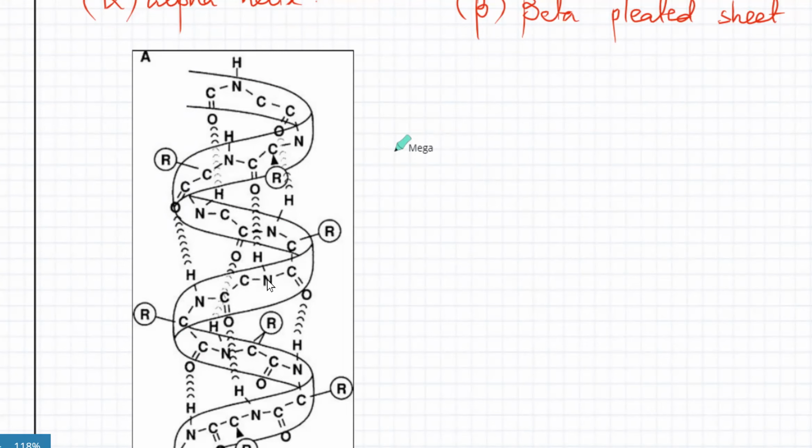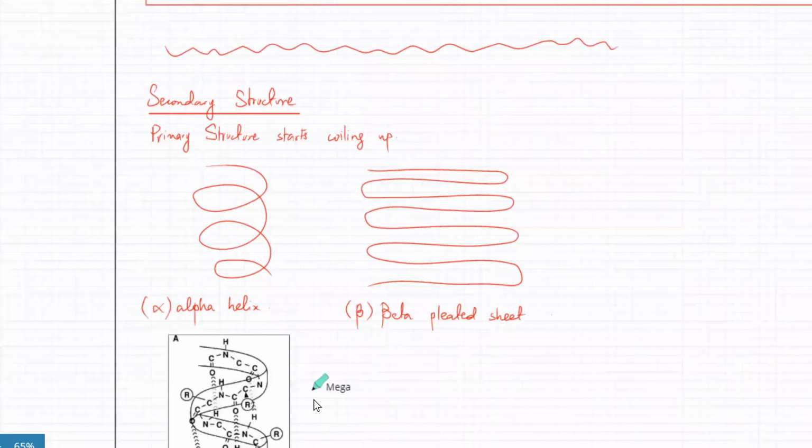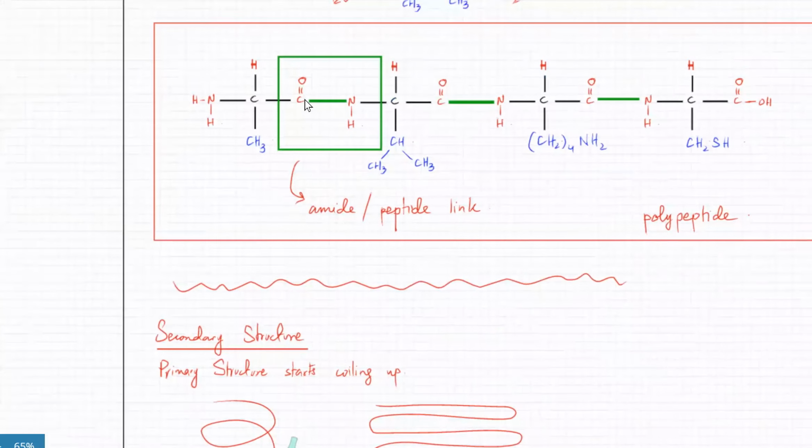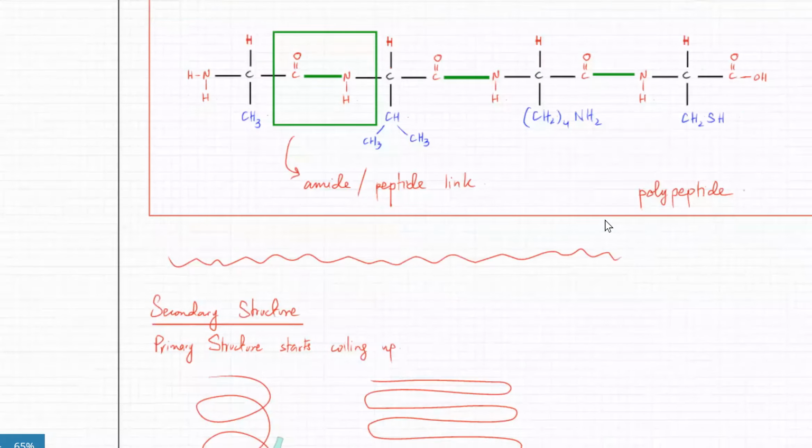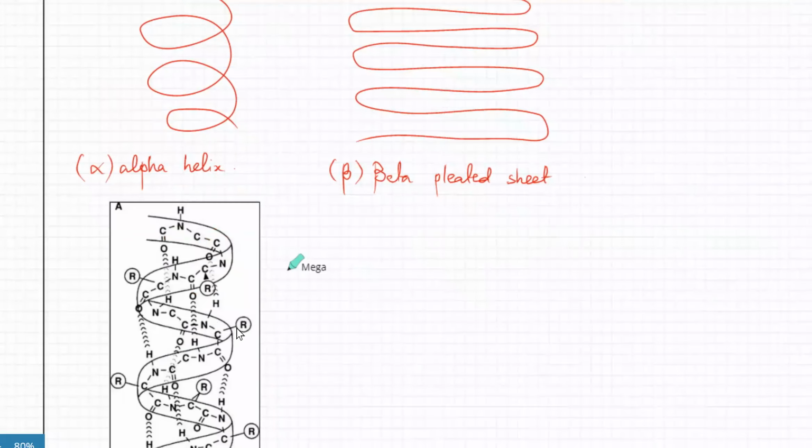So these are amide links that just continue. And the carbons in the middle are the ones with R groups. Every time you have C double bond O NH, then the carbon has an R group. Is this clear? This structure.